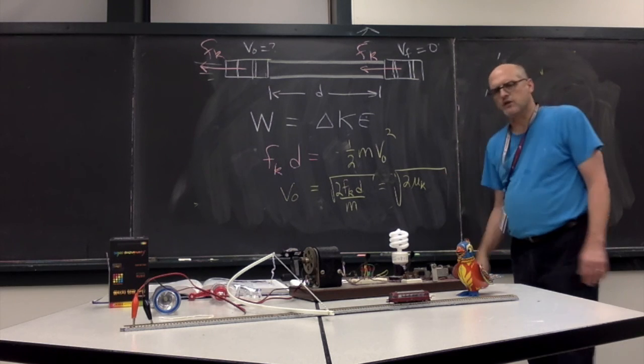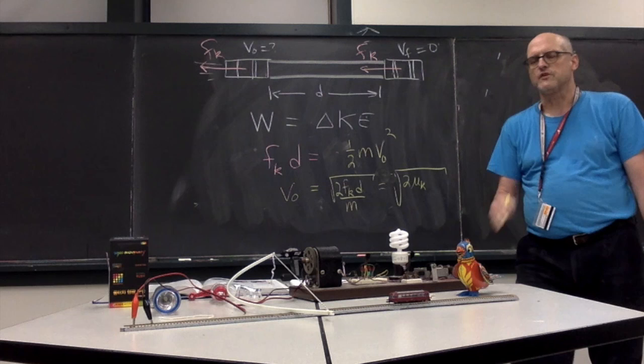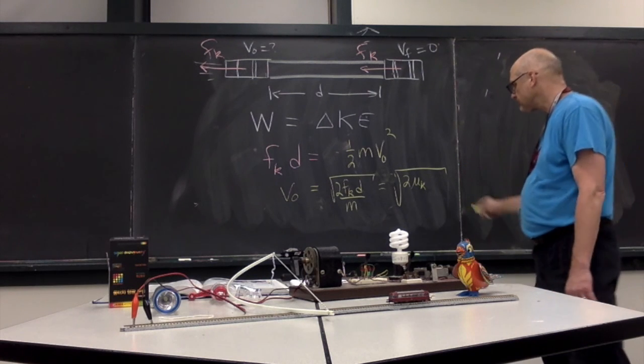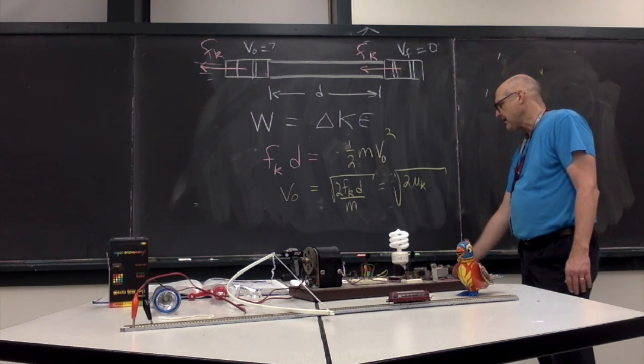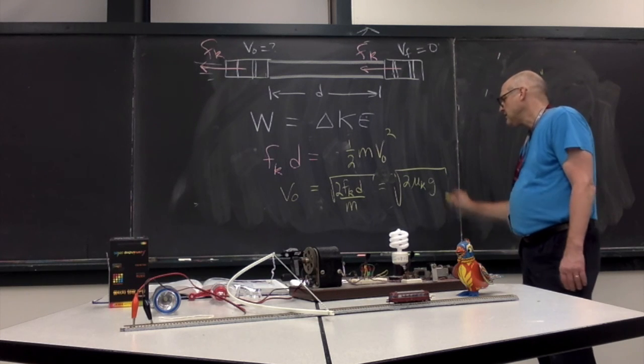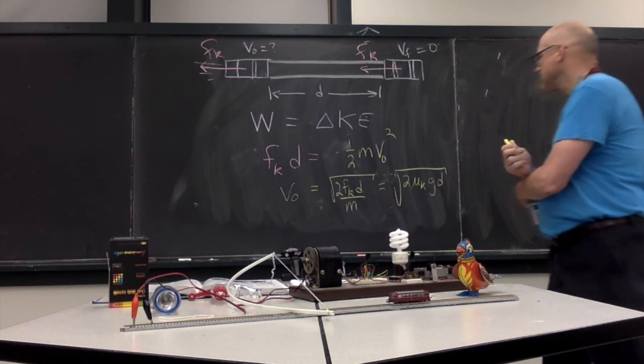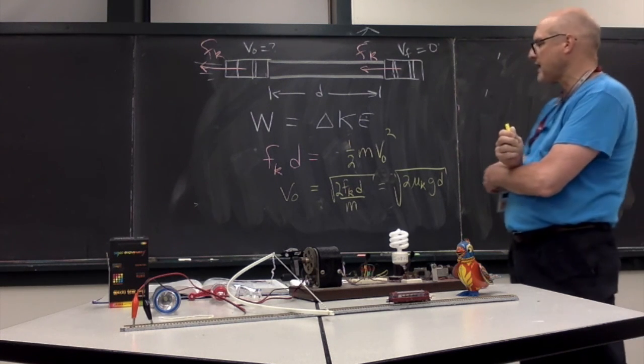We use the Greek letter mu subscript k, so it's called the coefficient of kinetic friction. Masses cancel out. You have g and you have d remaining. So the square root of 2 μk g d.